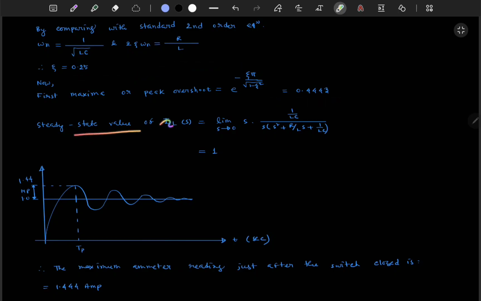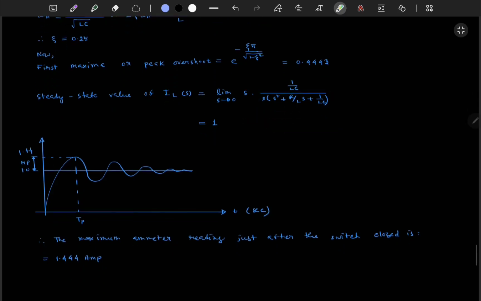Now the steady state value of IL is the limit as s tends to 0. Steady state means final value. In the time domain it is t tends to infinity, but in the Laplace domain it is s tends to 0. S is multiplied here and this term is there, so it is 1.